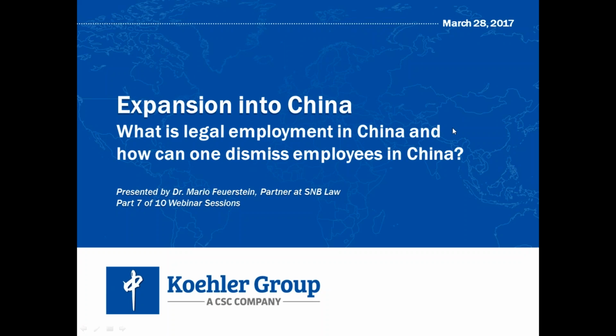Since any unlawful termination may cause severe legal consequences for the employer, it is important for all companies who are employing or going to employ staff in China to have a good knowledge about the labor law and to have suitable contracts implemented to avoid any risks. This webinar will provide you with fundamental knowledge regarding the requirements for a legal employment relationship as well as the requirements for a legal termination of employment contracts.